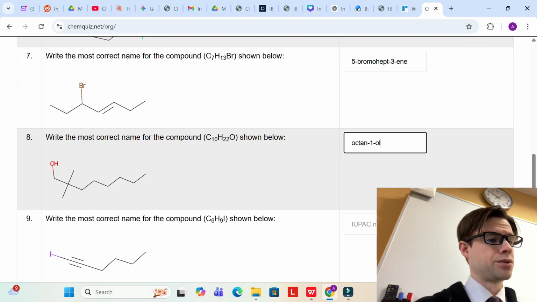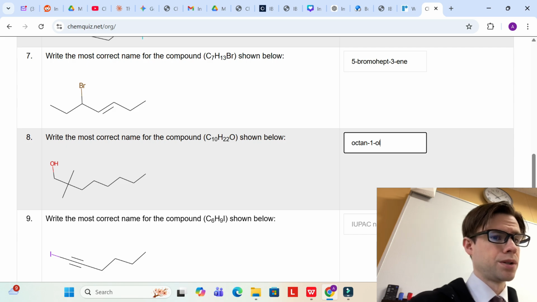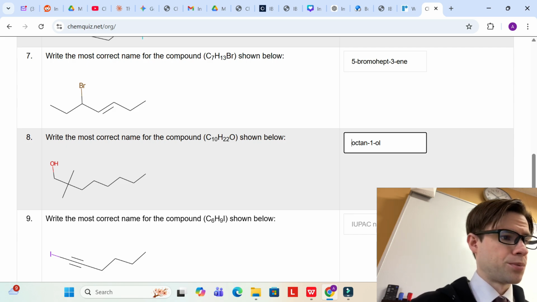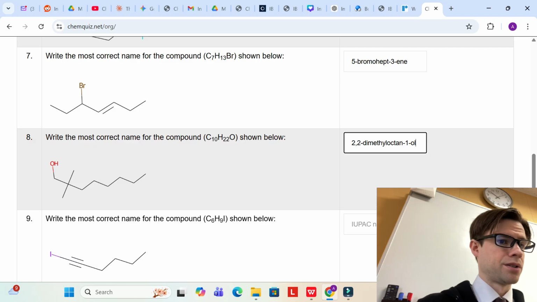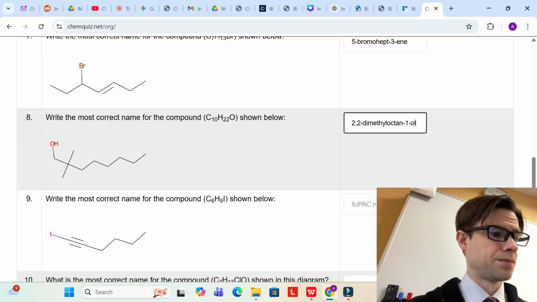We can label that OH group alcohol on carbon 1. Then we'll have some prefixes, dimethyl, both on carbon 2. 2,2-dimethyloctan-1-ol. 1, 2, 3, 4, 5, 6, 7, 8. Yeah, that should be fine.